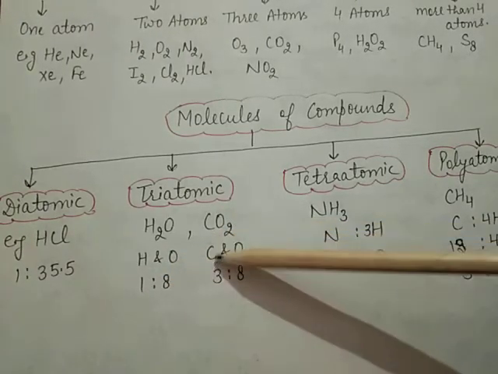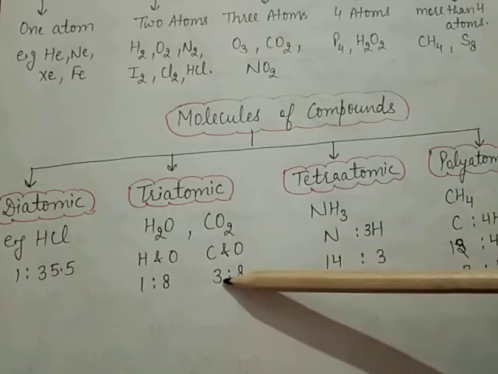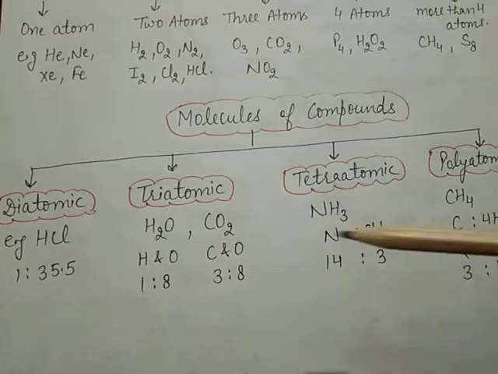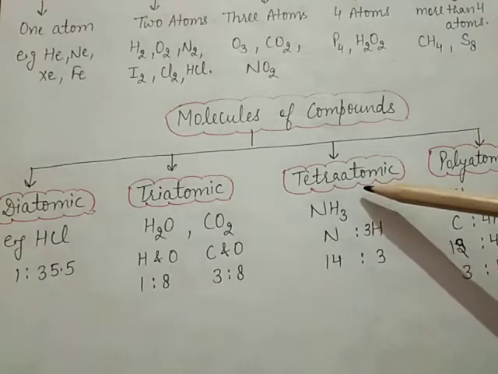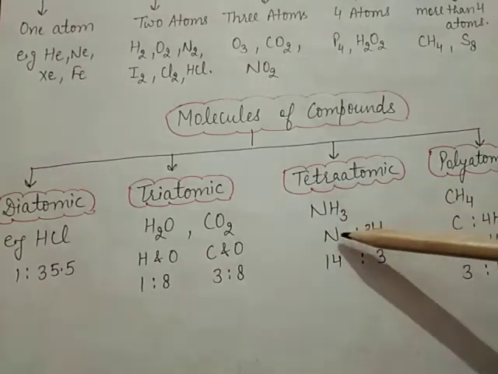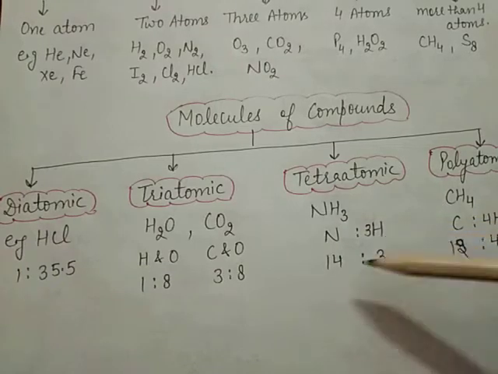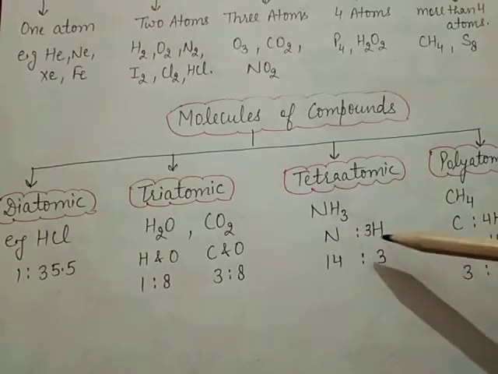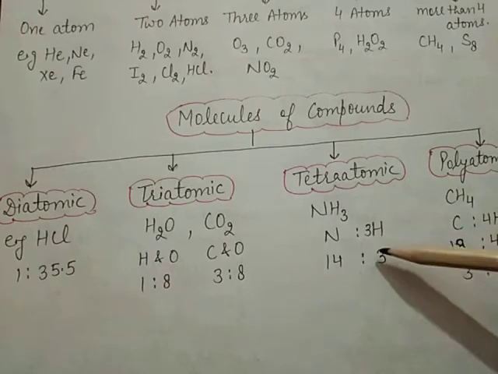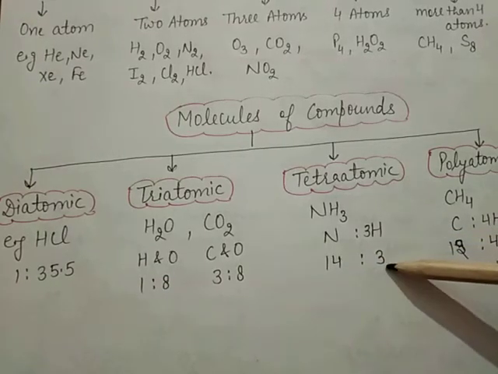CO2, 1 atom of carbon and 2 atoms of oxygen, 3 ratio 8. Tetraatomic, made up of 4 atoms, NH3, 1 atom of nitrogen and 3 atoms of hydrogen. Nitrogen atomic mass is 14 and hydrogen is 1, that is 14 ratio 3.